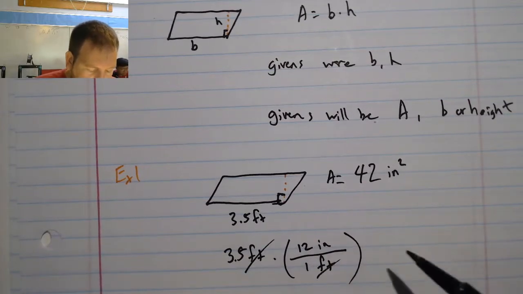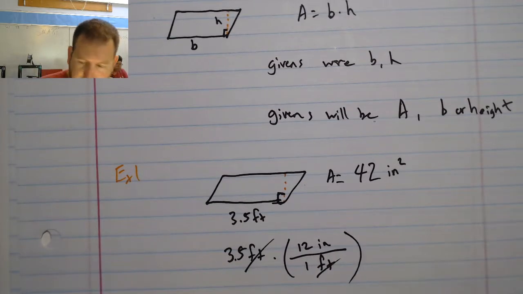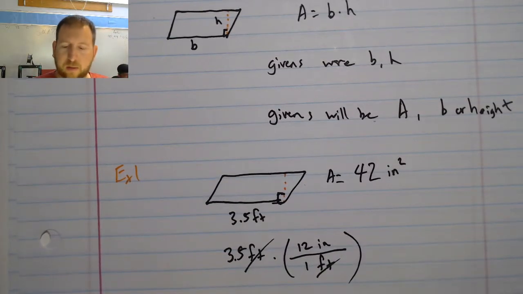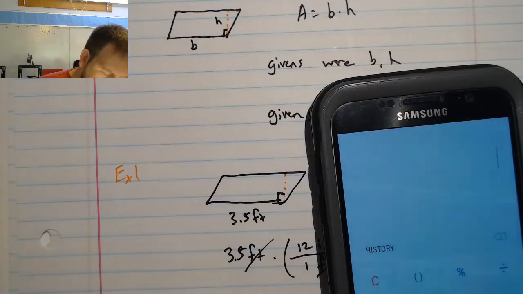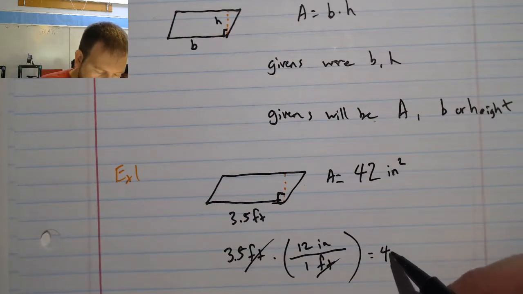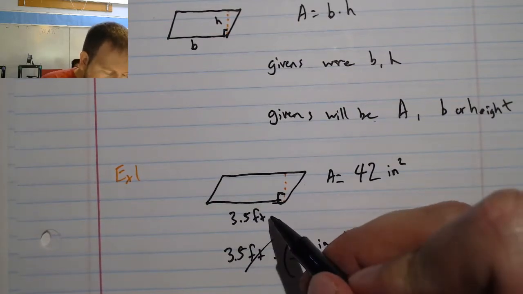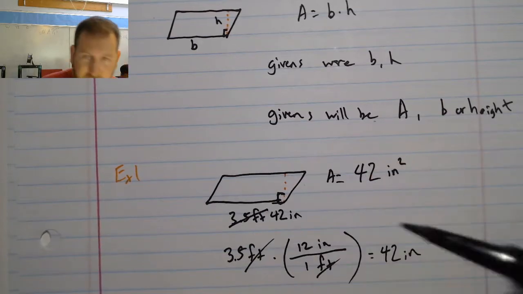Now I have 3.5 times 12, which I'm going to put on my calculator. It's going to give me 42 inches. So I've got 42 inches on the bottom, and I'm still missing that height.